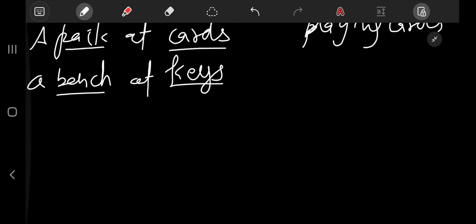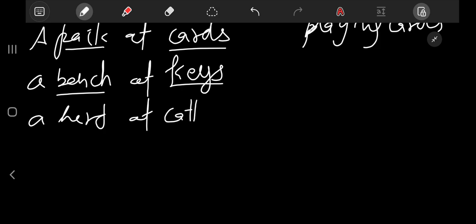Okay. Similarly, we call a herd of cattle. We are changing the names of a collection, a group of objects, as the properties of the objects they represent are changing. Okay.